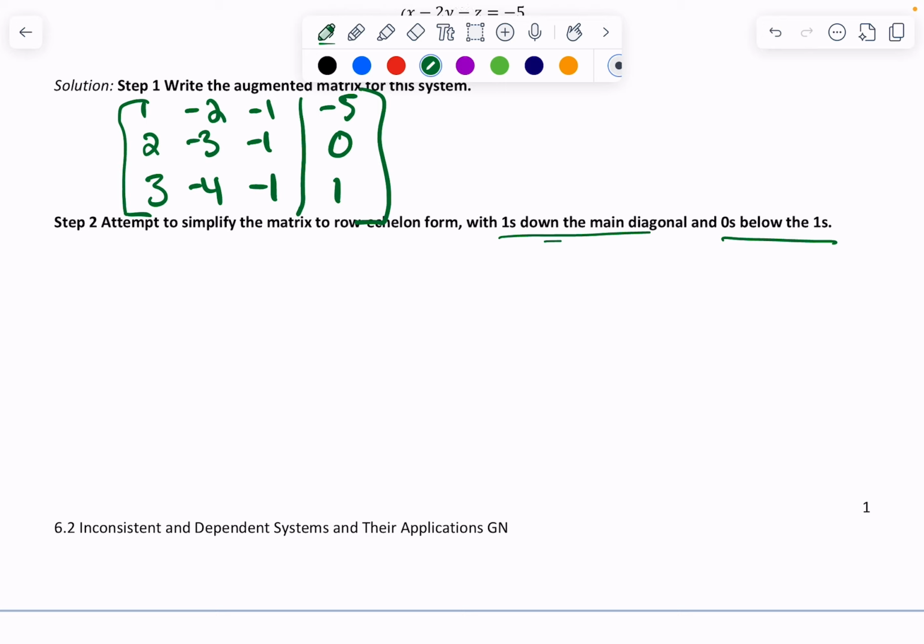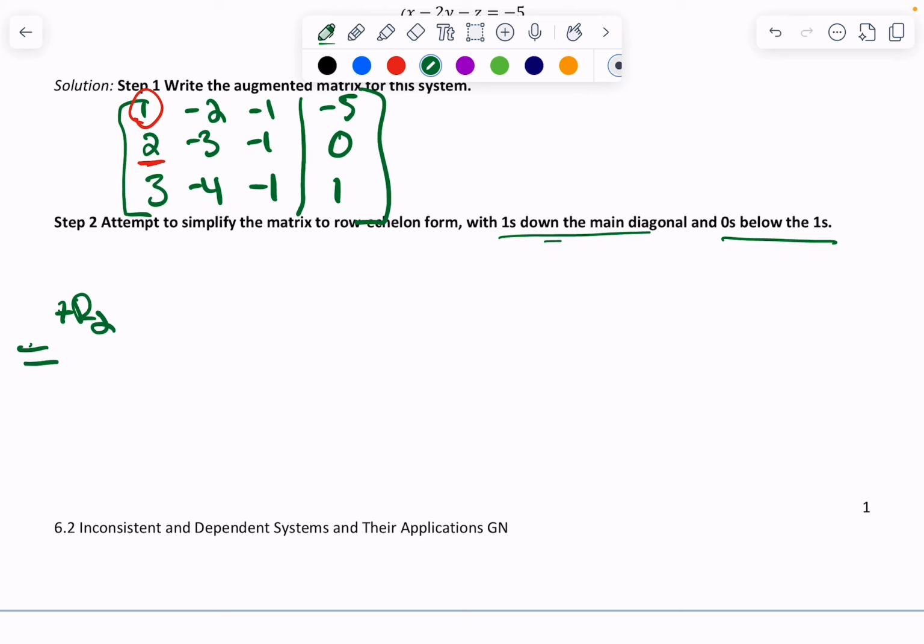So the first thing we're going to do, we already have a 1 over here as the first one. So our next step is to change this 2 to a 0. So remember when we are trying to get to a 0, we are always adding. So what we're going to be doing is we're adding to row 2.